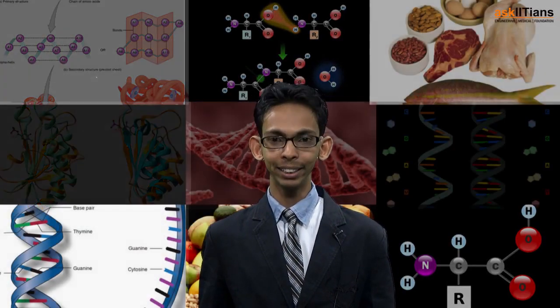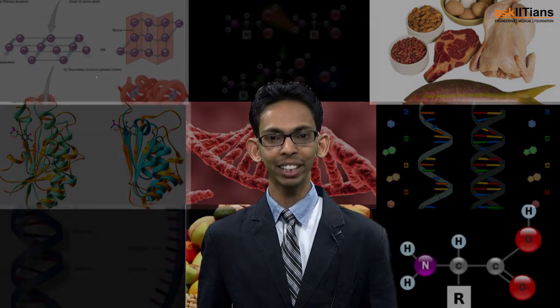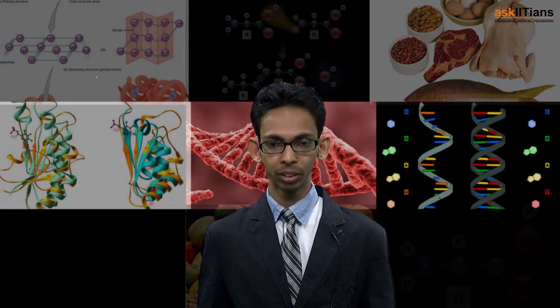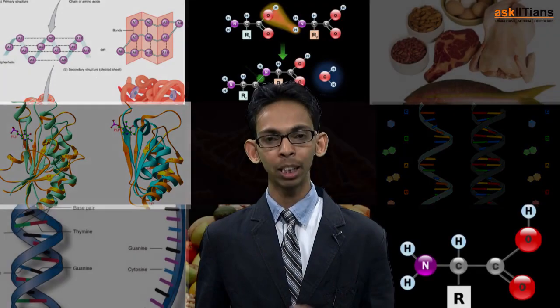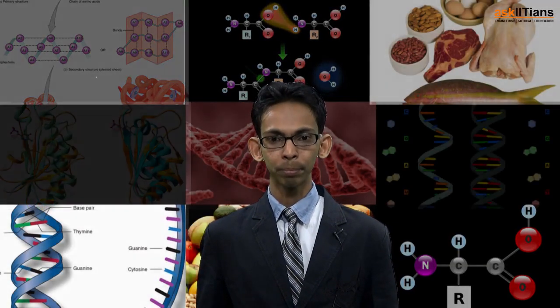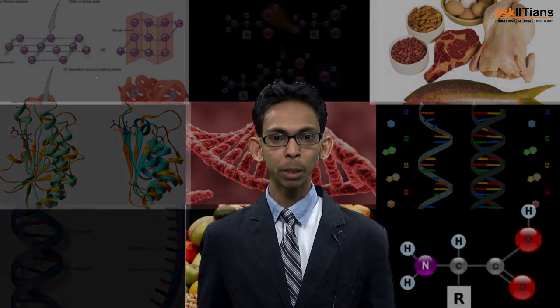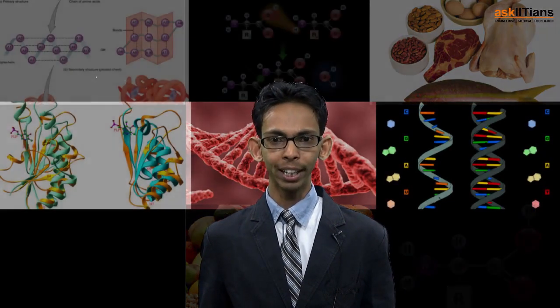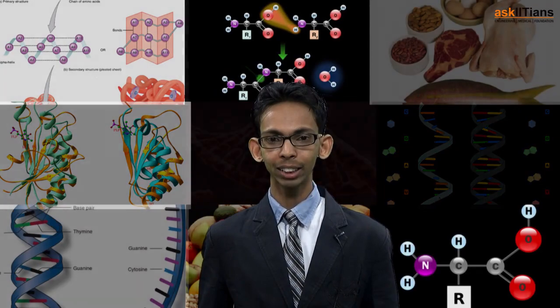Actually, this is a very easy chapter. It has very little weightage in IIT-JEE also, but the questions which are asked from this chapter are actually very easy. So you can score those marks very easily if you study this chapter a little bit carefully. So this chapter is also important from the exam point of view for IIT-JEE and also for medical exams.